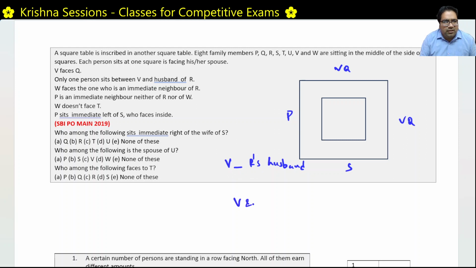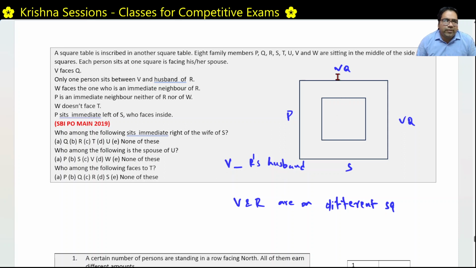That means V and R are on different squares, not even opposite, we should call them different squares. Because V and R's husband are sitting in the same square, and R and R's husband cannot sit on the same square.